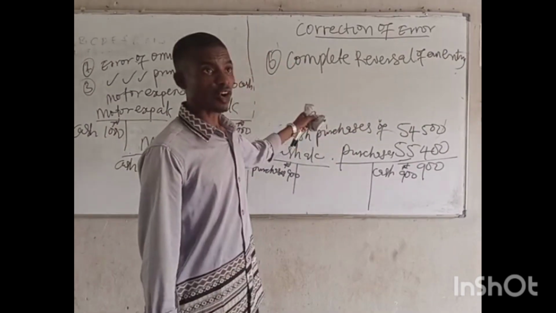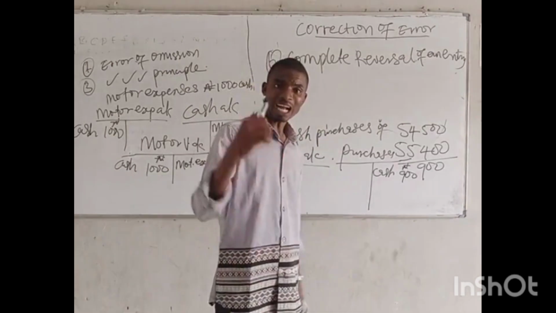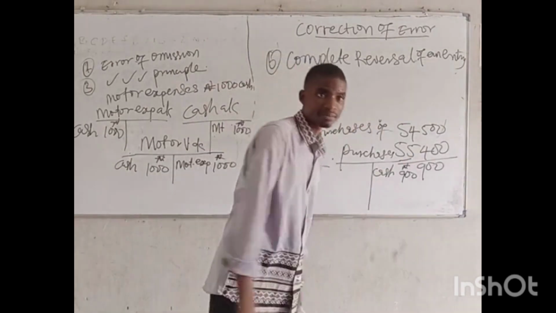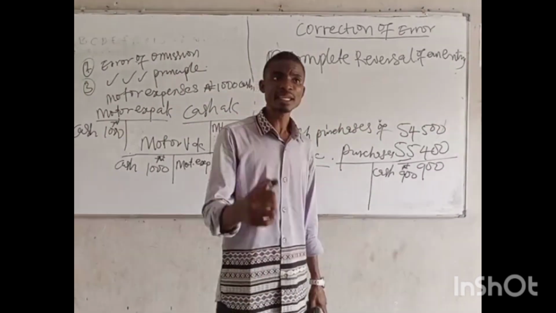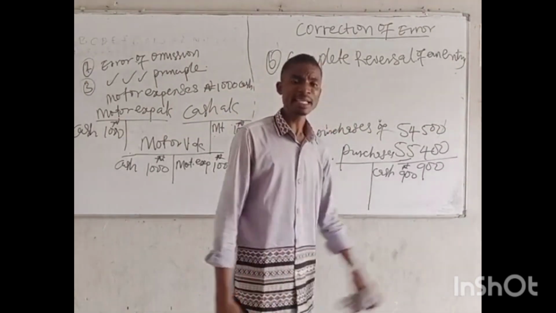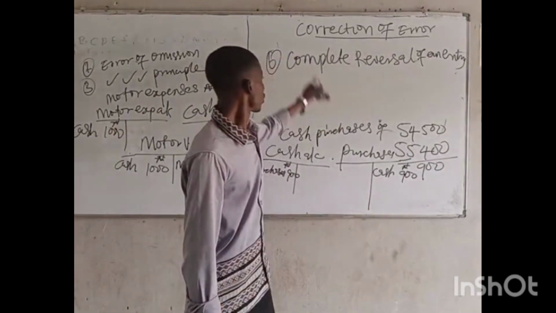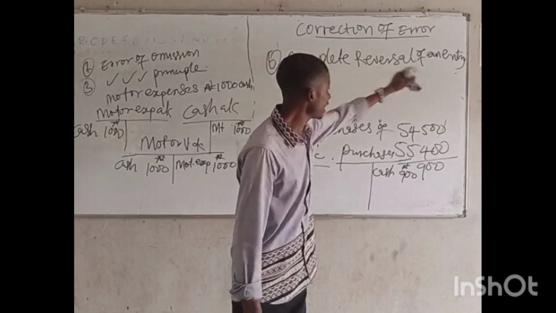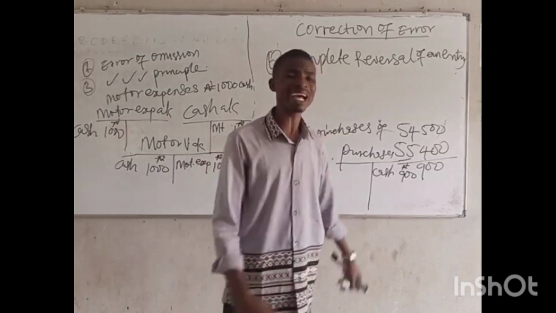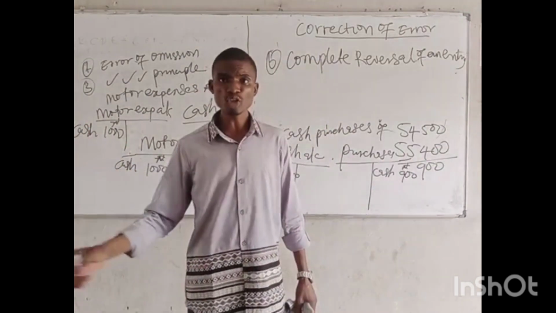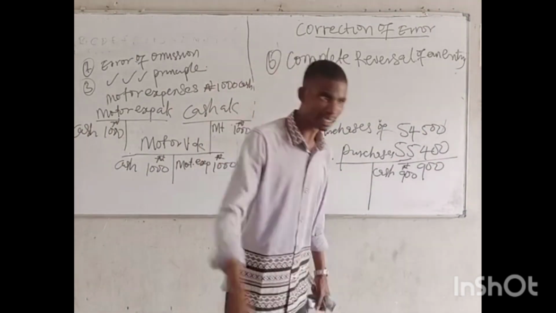This type of error occurs when an account that's supposed to be debited is being credited, and an account that's supposed to be credited is being debited. I come again. The error of complete reversal of entry occurs in a situation whereby an account that's supposed to be debited was credited, and an account that's supposed to be credited was debited.